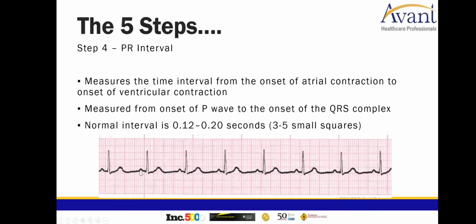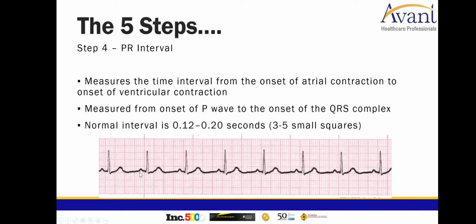If I count from the beginning of the P to the beginning of the Q, which is hard to see here, we're going to look at 1, 2, 3. Let's say it's 4 boxes. Remember, each box is what? 0.04. So that gives us a PR interval of about 0.16 or somewhere in that ballpark. So that seems to be normal, but we're not done.